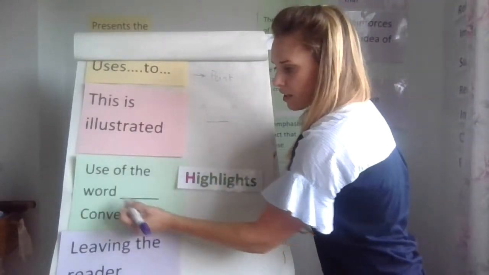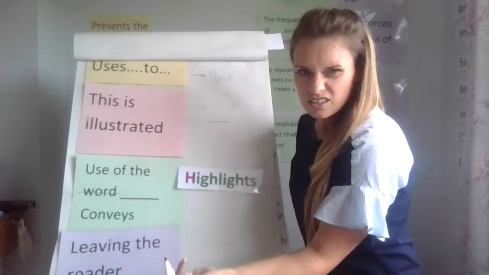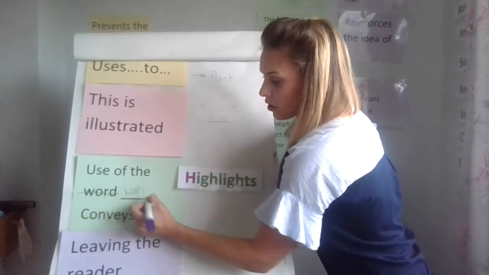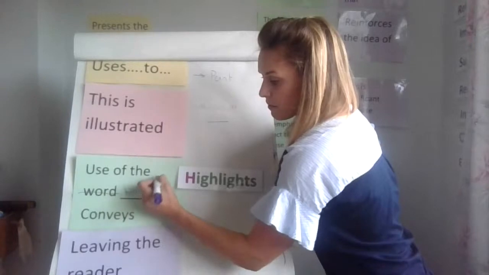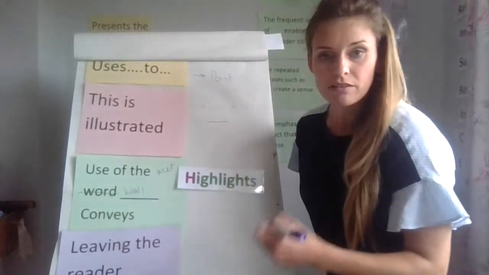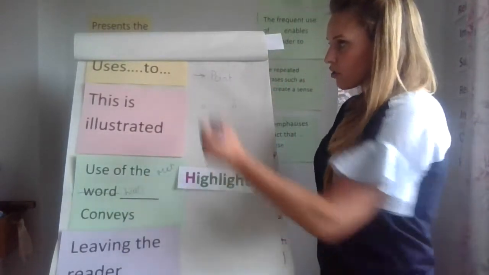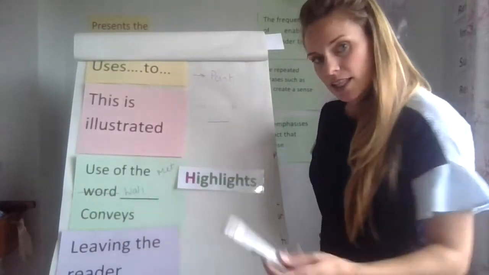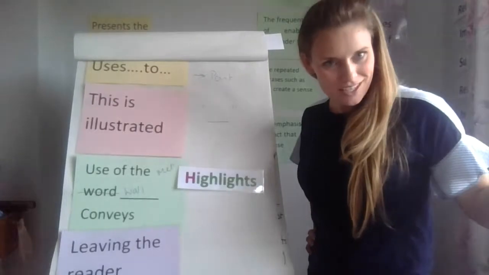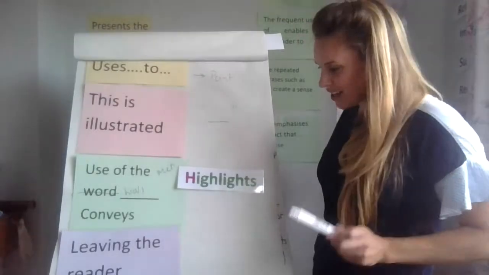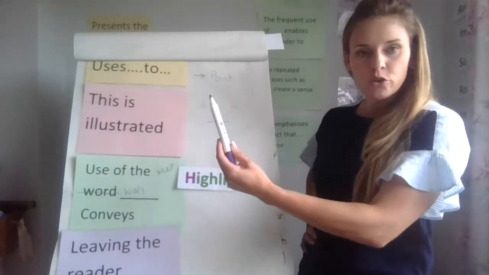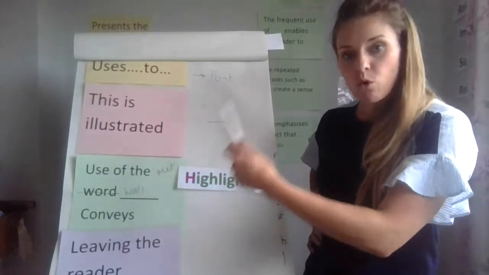So we then have to think, well, I'm going to change it from word, because you can have, obviously, the word wall, but also you could just have the metaphor if you wanted to talk about the technique as that. So point, evidence, use of the metaphor conveys the idea that, so we're sounding clever, everyone likes to sound clever, explain what you mean. Talk about your how and the why.